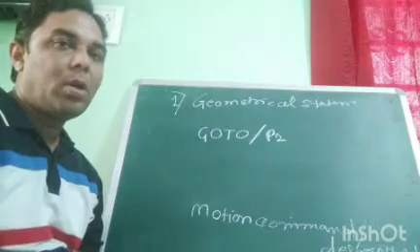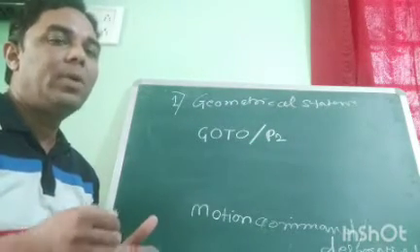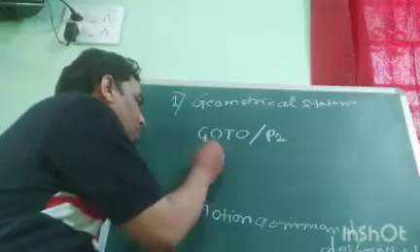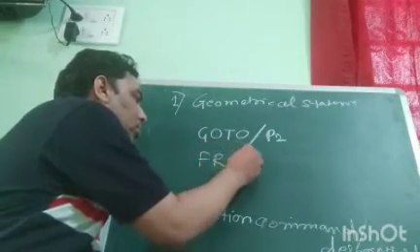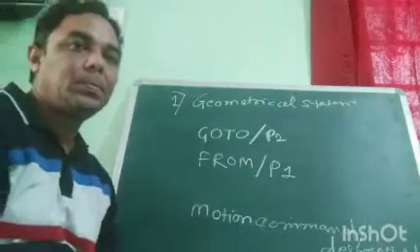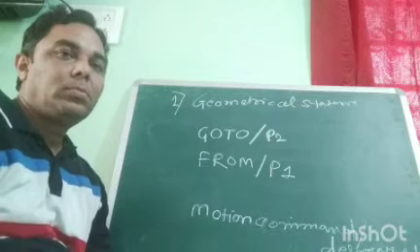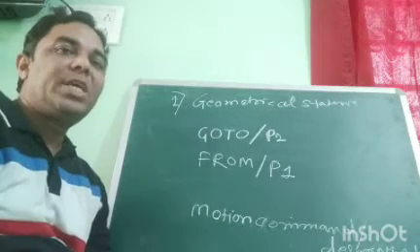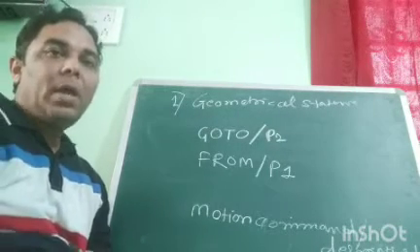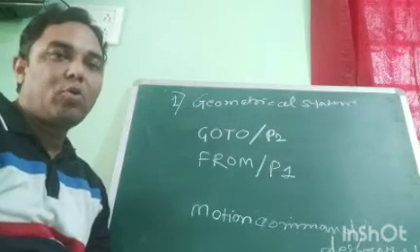Or when we want to start the spindle from P1 or P2, we write FROM/P1. The motion statement defines the tool path as per the part geometry specified in the part program.